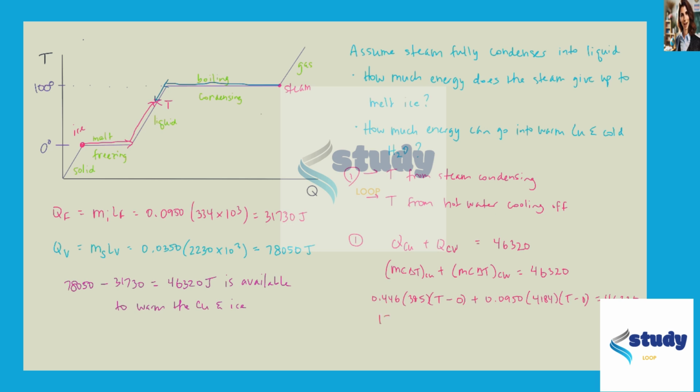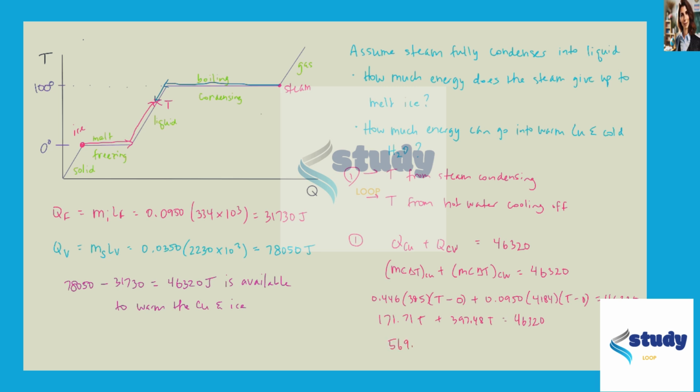And so this gives me 171.71 times T plus 397.48 times T equals that 46,320.